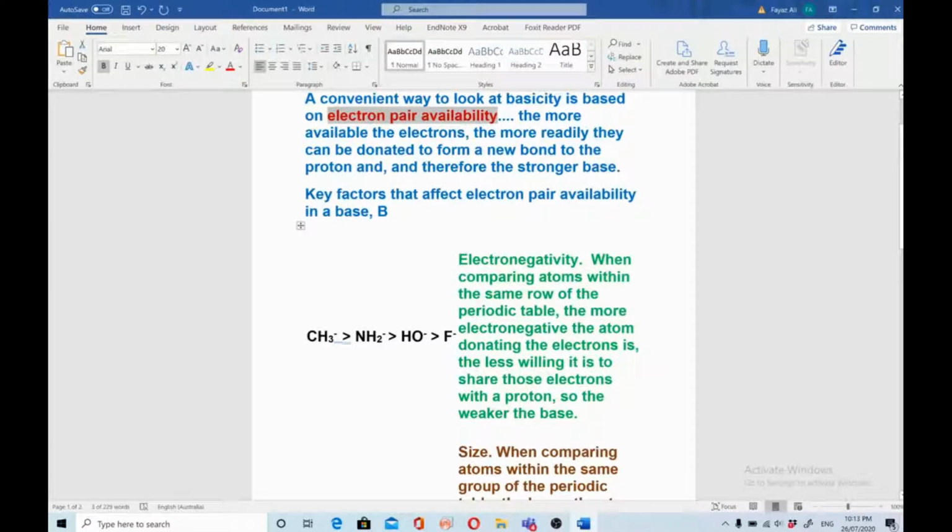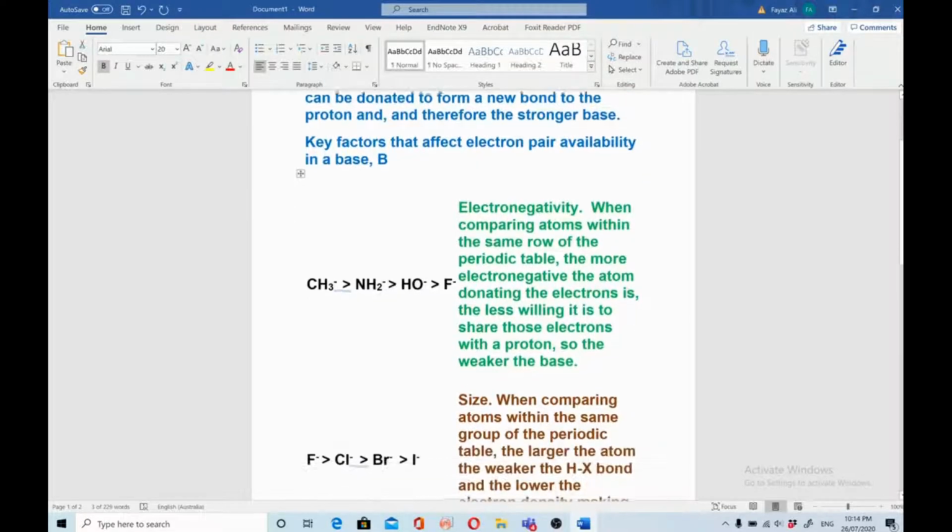The more electronegative the atom, like fluorine, donating the electron is, the less willing it is to share those electrons. So fluorine is the weakest base compared to CH3, and this is how basicity decreases. CH3 is the strongest base, then NH2, then hydroxide, and then fluoride.